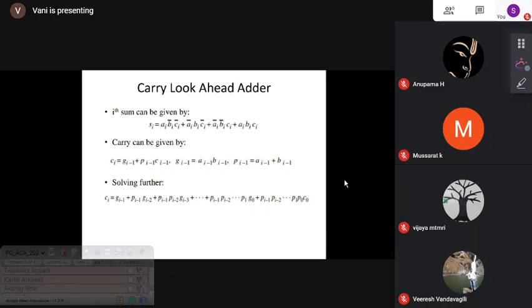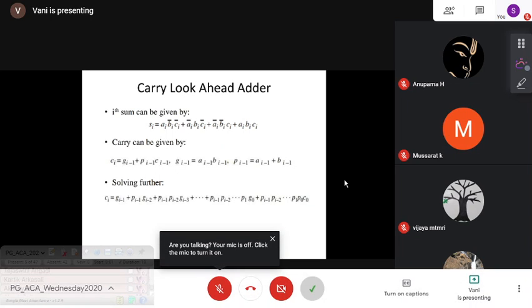That is, it has to wait for the carry to ripple through all the blocks to calculate the sum. Therefore, we need to generate Ci from Ai and Bi, that is, only the inputs directly. It can be done by using the carry generate and carry propagate. Carry generate can be given by G, carry propagate can be given by P.